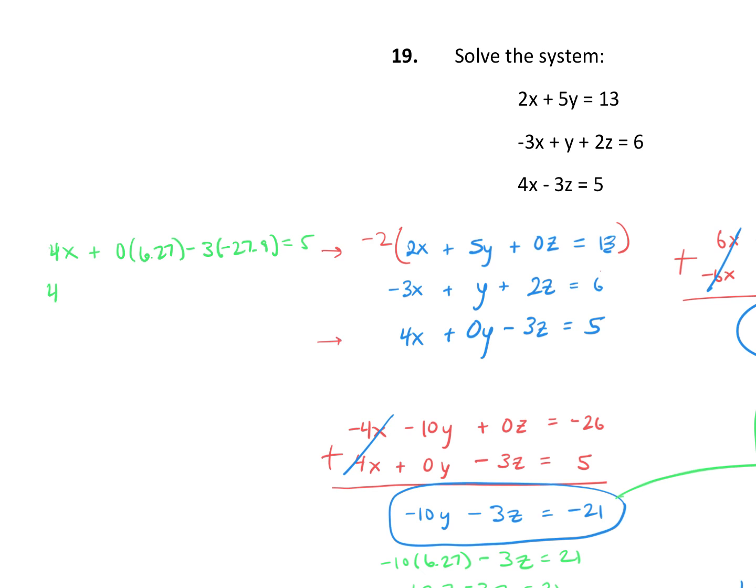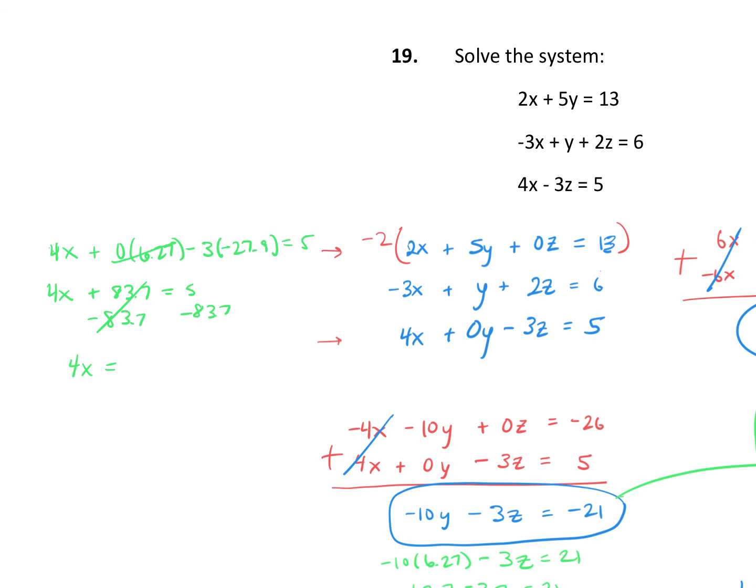Okay, so 4x, 0 times 6.27 cancels, negative 3 times negative 27.9 is a positive 83.7, equals 5. Subtract 83.7 from both sides.